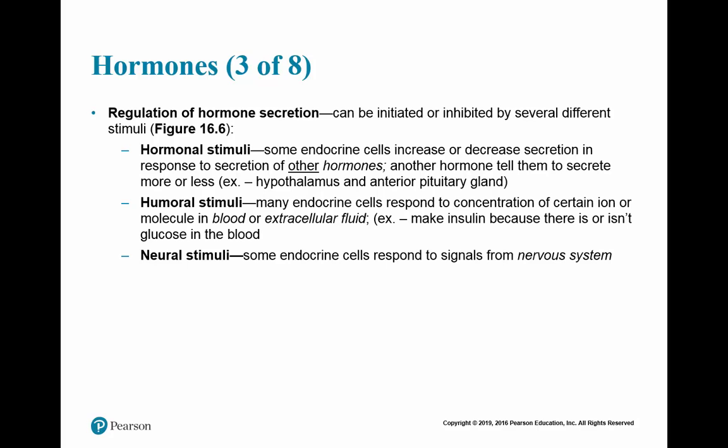We may need to secrete more insulin or less insulin, depending on how much glucose is in our blood. The last stimulus is the neural stimuli, where some of the endocrine cells will respond to signals from the nervous system. For instance, when the sympathetic nervous system takes over, the adrenal gland will secrete the adrenaline.